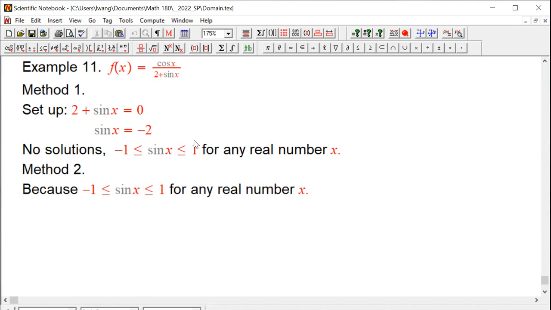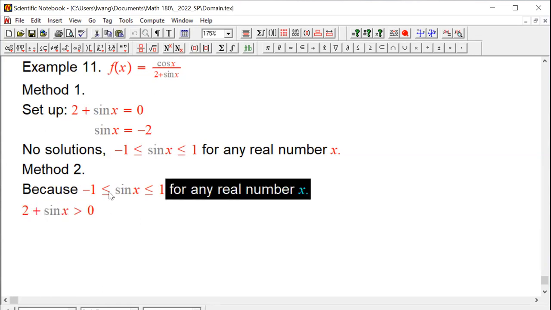2 plus sine x is always going to be positive. And therefore, you never have to worry, because this will be true for any real number x.